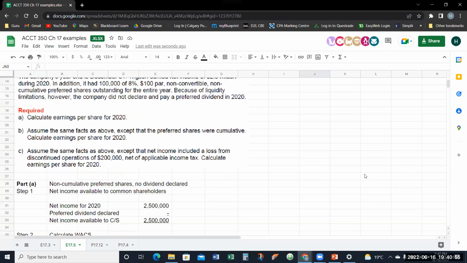All right, and then part C says, assume the same facts as above, except that the net income included a loss from discontinued operations of $200,000, net of applicable income taxes, calculate EPS. Well, here, if the $2.5 million amount is after a loss on discontinued operations of 200,000, the income from continuing operations must be 2.7 million.